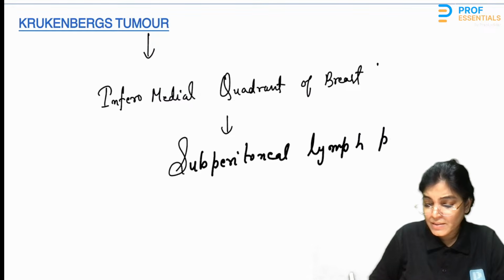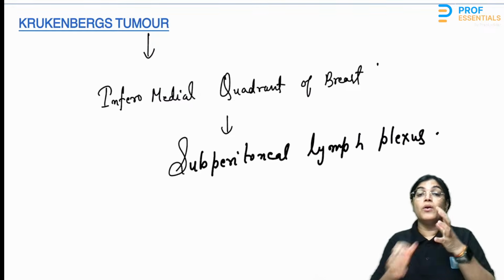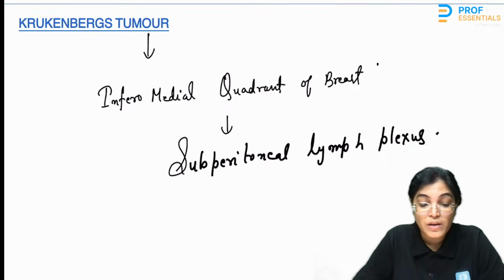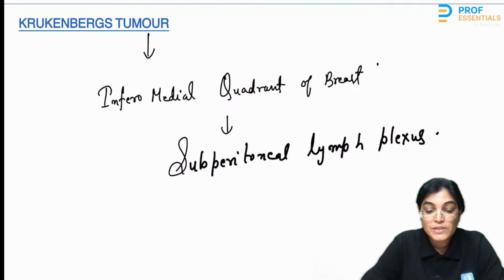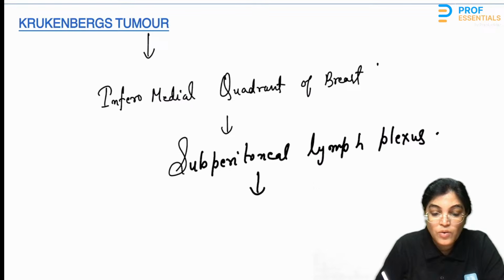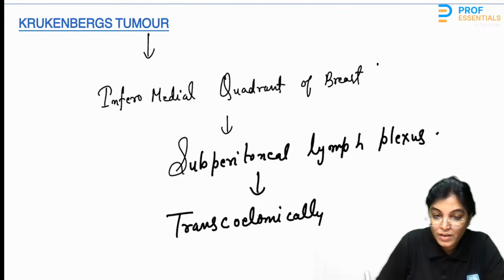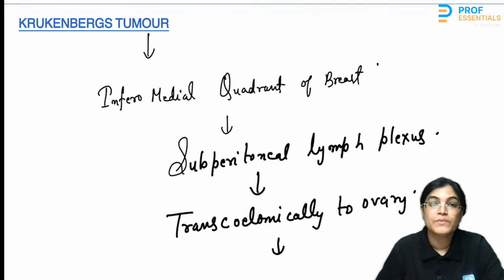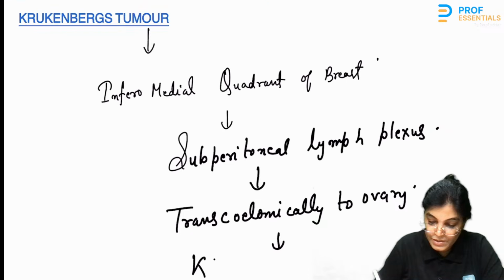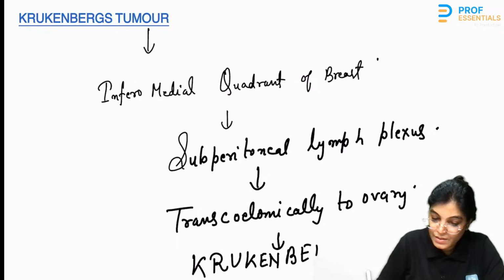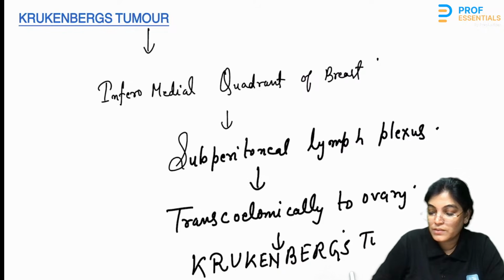So what does that mean? This will be a route of spread of cancer cells from here, and this can go transcoelomically to the ovaries, and this can form an ovarian tumor which is called Krukenberg tumor. Is it okay?